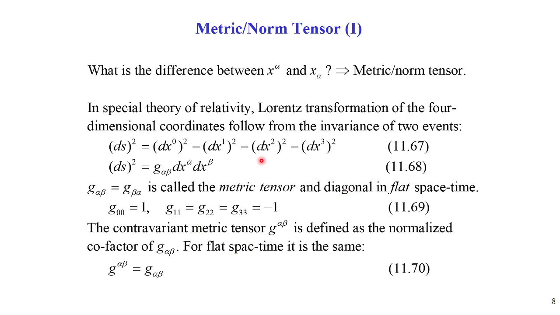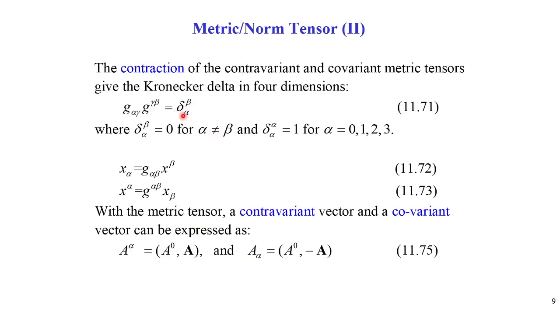For example, if you want to lower the index, in this case subscript, we just multiply by g alpha beta and sum over beta. If you want to raise, once again, g alpha beta and sum over beta.